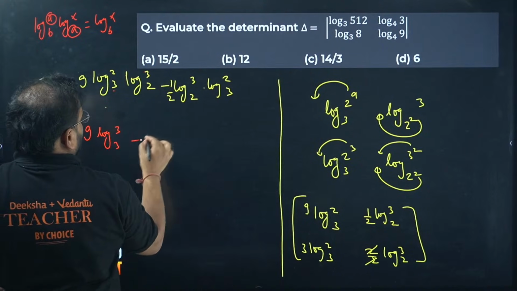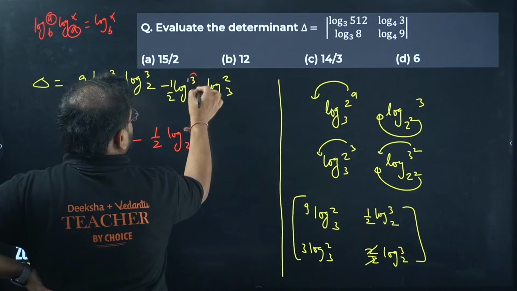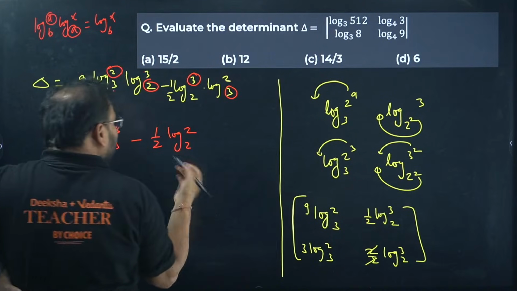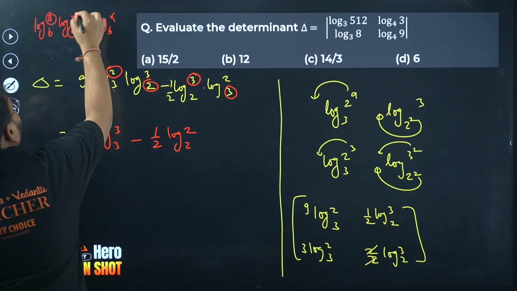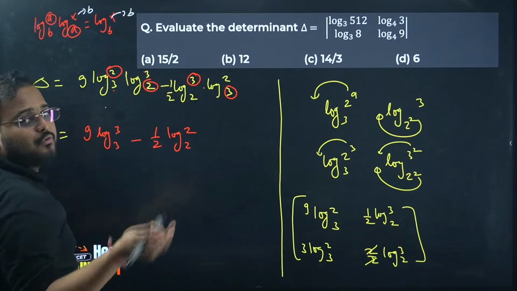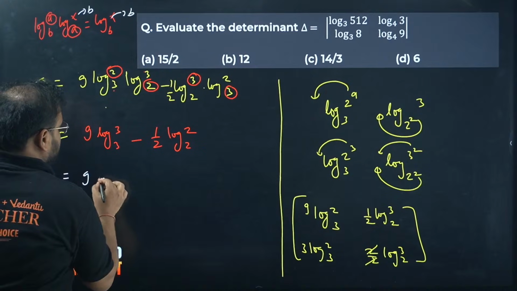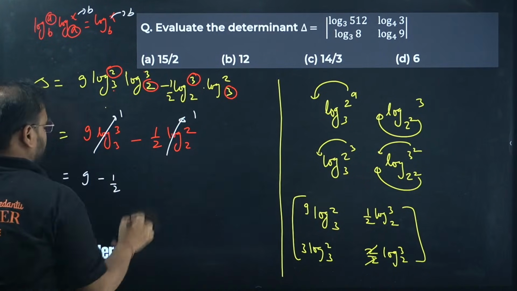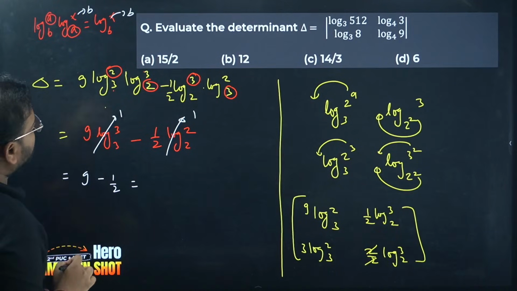So log 3, same thing, 1 by 2 log, this is the base, this and this are common. Here also this 2 and 2 are common. Luckily in this case it is actually the reverse. In this case this value is actually B over here, so this becomes B. So B to B will be 1. Log of B to B is 1. So this becomes 9 minus 1 by 2, as this value is 1 and this value is also 1. So I get 1 by 2 only.